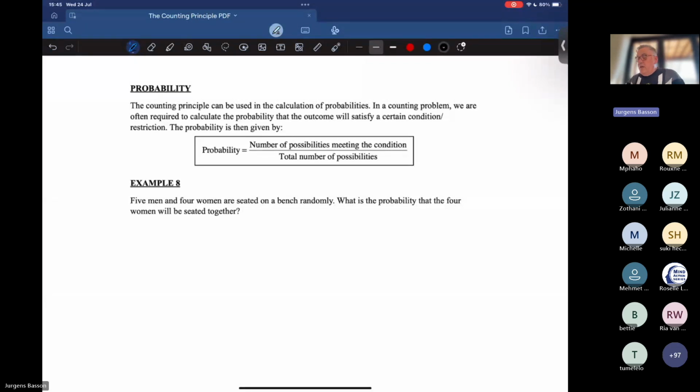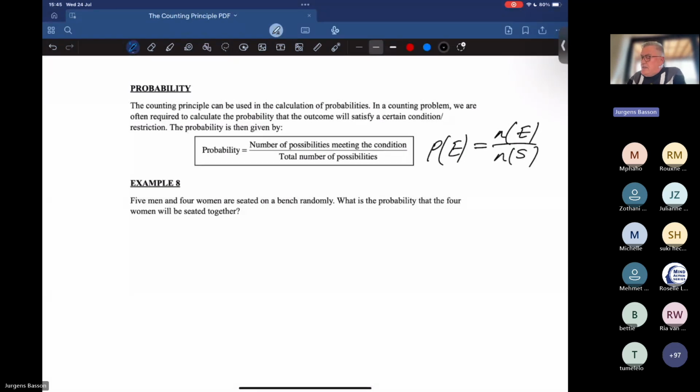Now, I give the formula for probability again. You most probably still remember from grade 11, we've got P of the event is the N of the event over the N of S. Now, this works pretty much the same. I just phrase it slightly different because this is now related to counting principle.